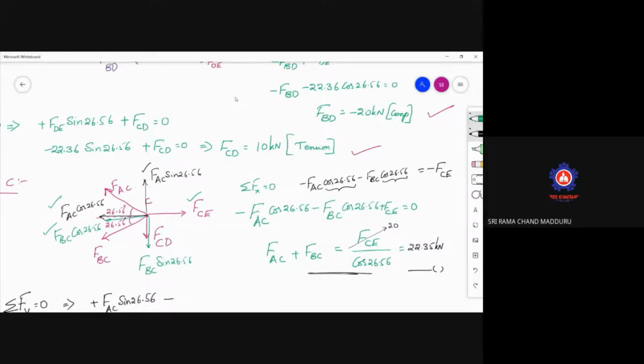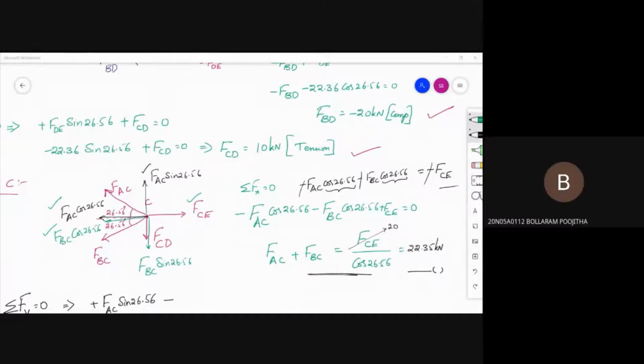That's why you got this equation, which is positive only. Why? Because minus minus minus will be cancelled. So FAC cos 26.56 plus FBC cos 26.56 is equal to FCE. Cos you can take common and send it to the right as FCE by cos 26.56. Did you understand, Pujita? Okay, sir.